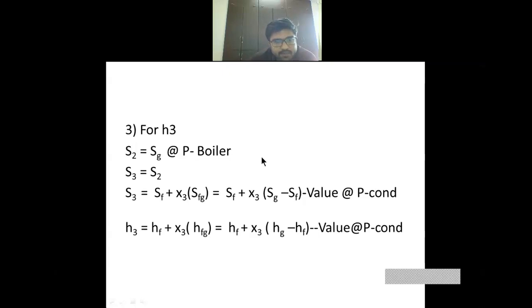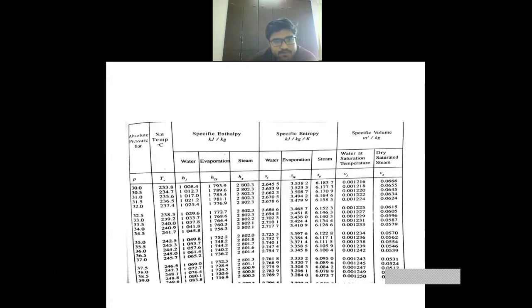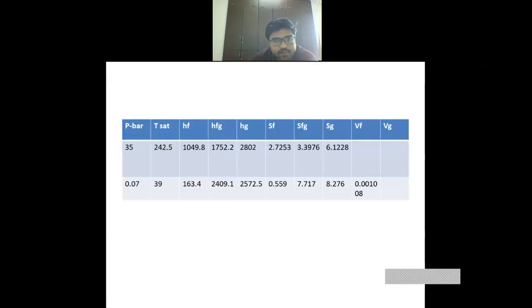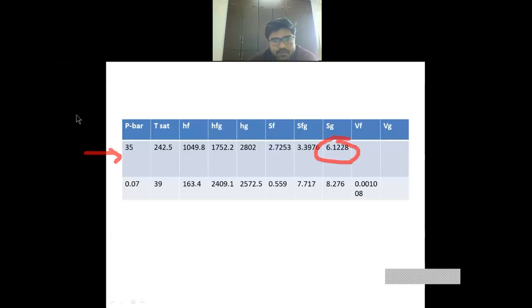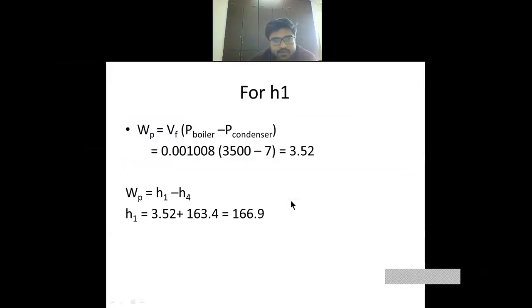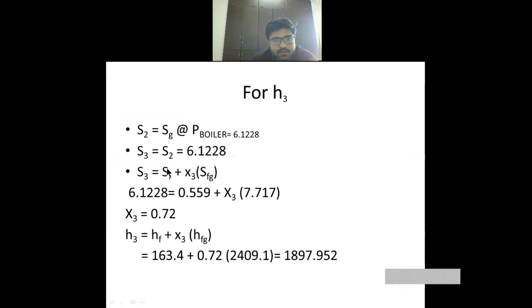So in P boiler, what is Sg? 6.1228. So here you can see we found out S2.